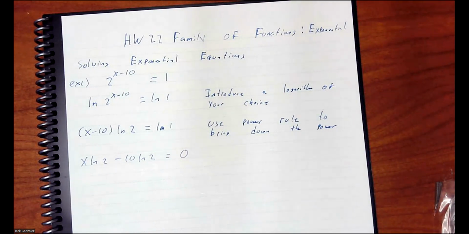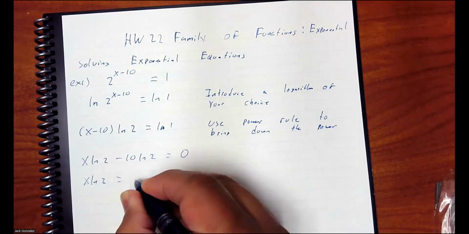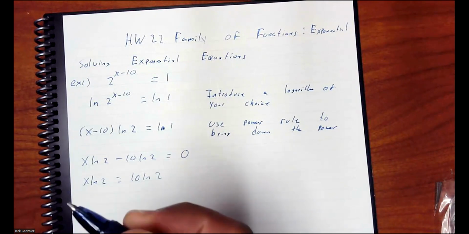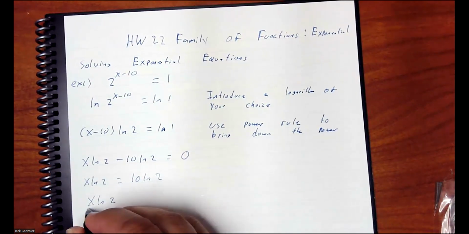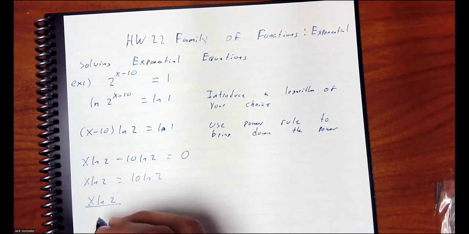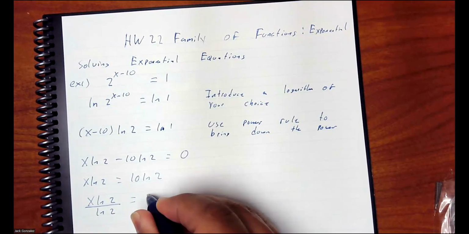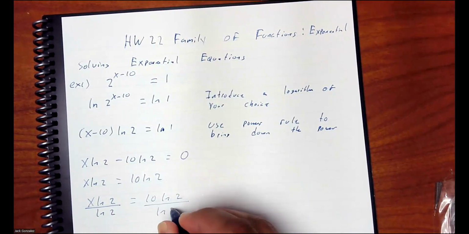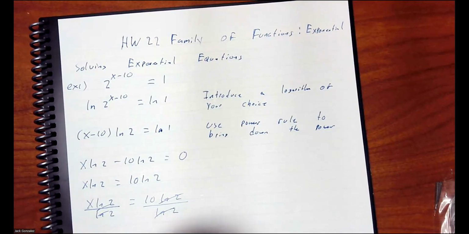So let's move over the 10. Again, we're just doing algebra, nothing fancy. Add 10 ln2 to both sides. Divide both sides by ln2. So x is equal to 10.